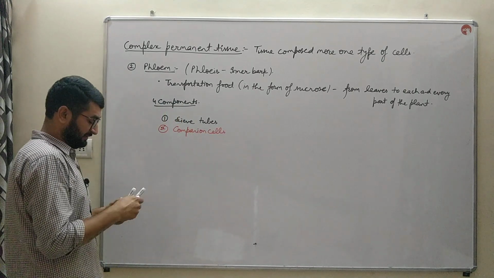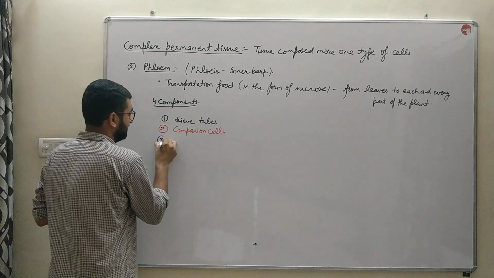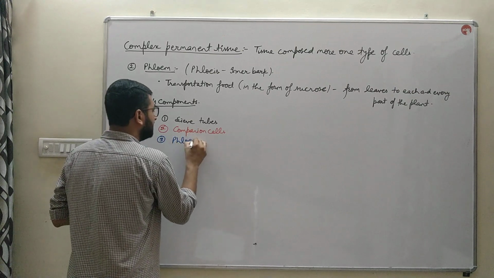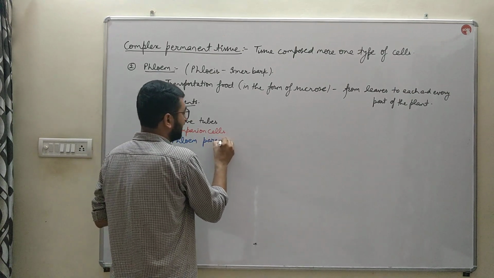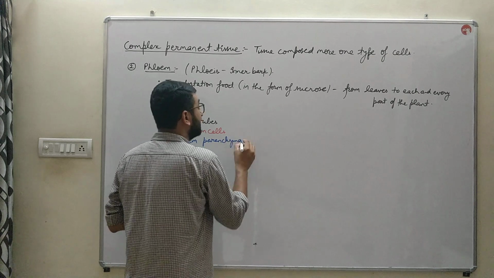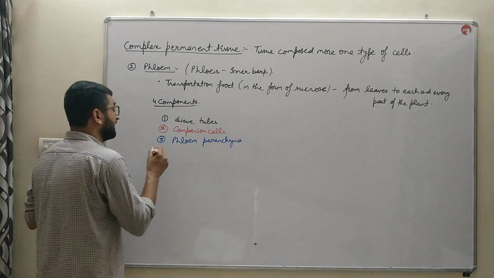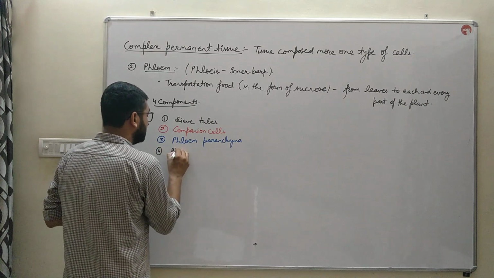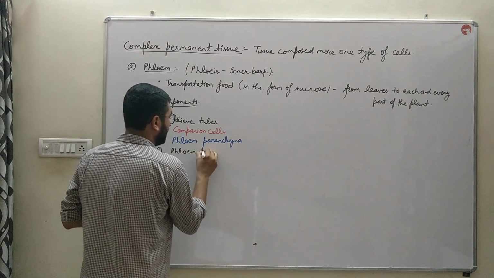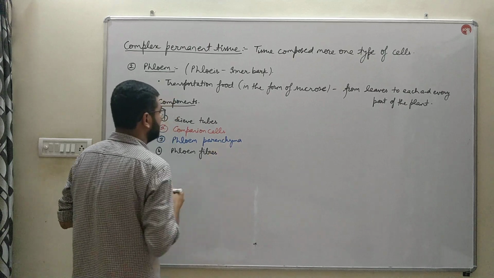Third one is phloem parenchyma. As xylem has parenchyma known as xylem parenchyma, the parenchyma of phloem is known as phloem parenchyma. And the fourth and the last one is phloem fibers.